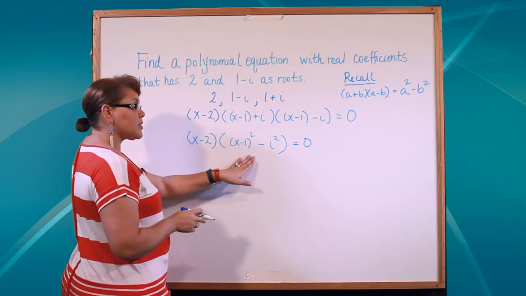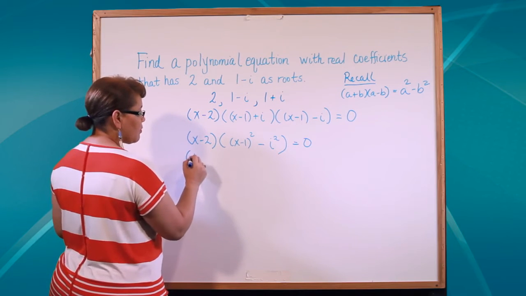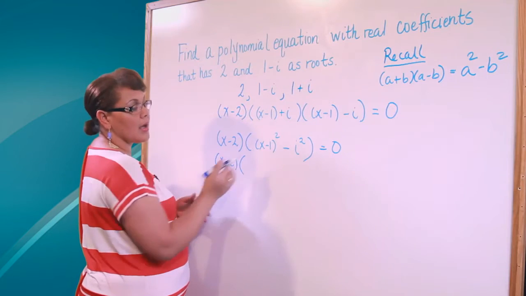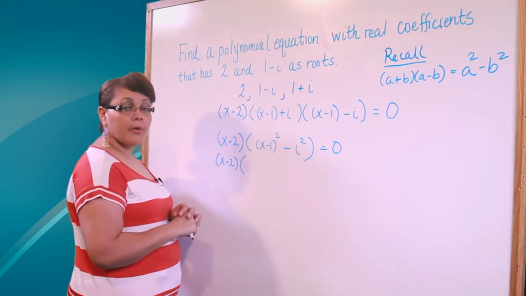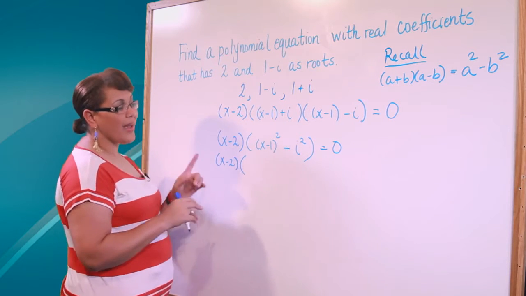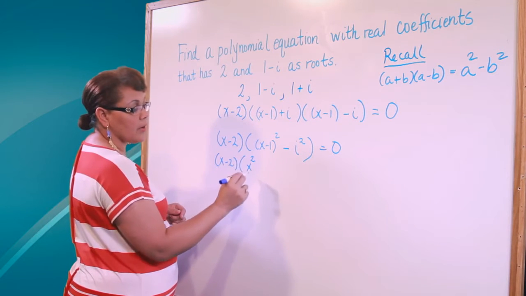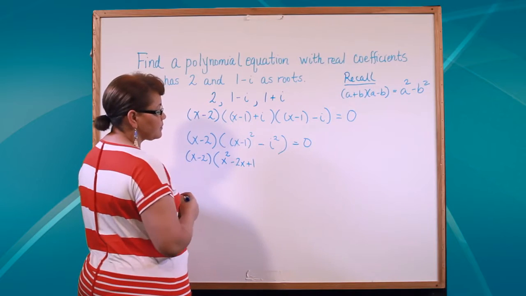I still need to do some simplifying inside of this binomial. So I'm going to keep bringing down the x minus 2, and now I'm going to work inside this binomial. Squared binomials come from perfect square trinomials. So (x minus 1) squared simplifies to x squared minus 2x plus 1.